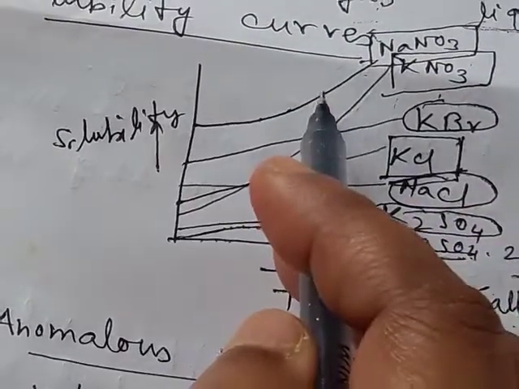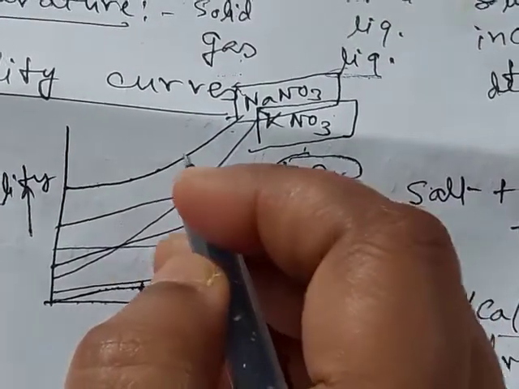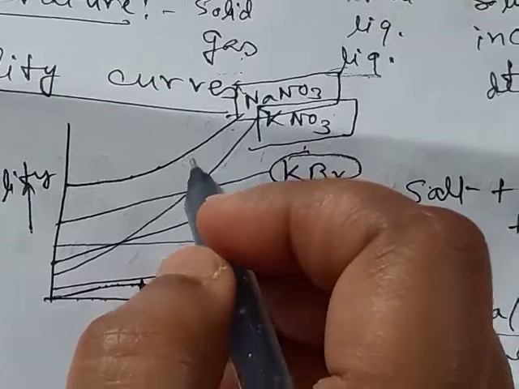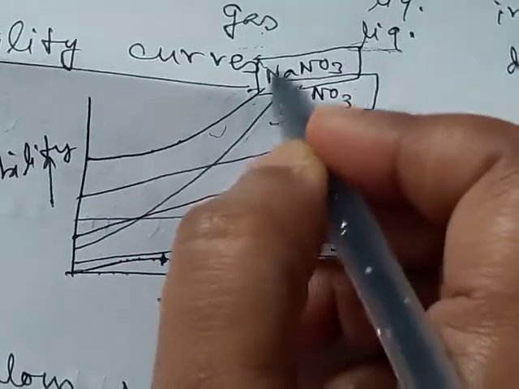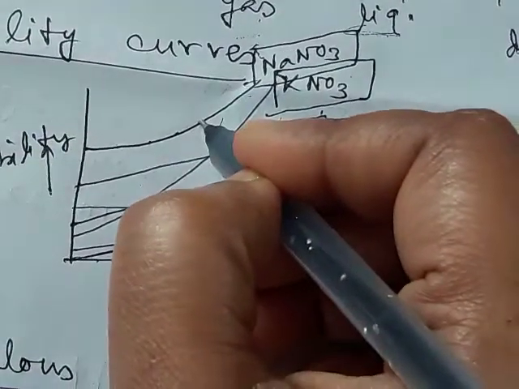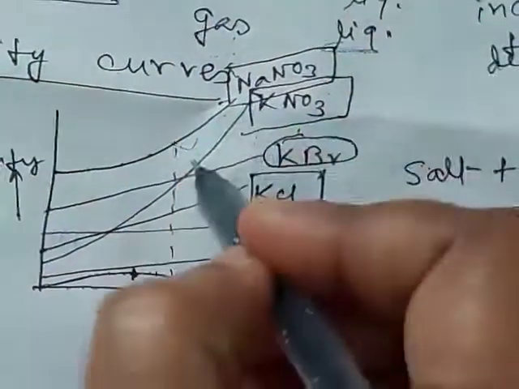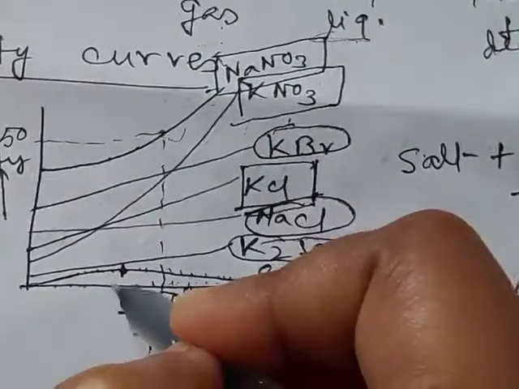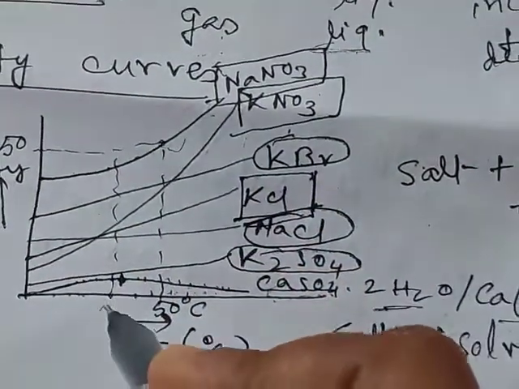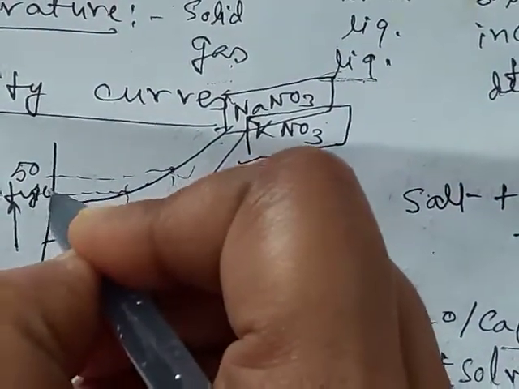Number three is the effect of cooling. We know that on cooling, the solubility of most salts decreases and there will be crystallization of the salts. Say for sodium nitrate, at 50 degrees centigrade the solubility is say 50, and at 40 degrees centigrade the solubility is say 40.